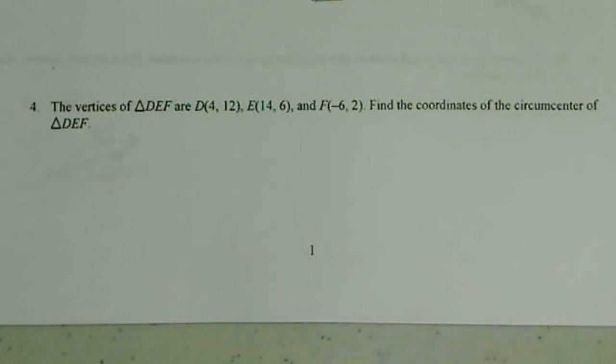Number 4, you need graph paper for it. So go ahead and plot D, E, and F onto your graph. I'm going to put my graph here so you can see it. And make sure that you leave enough room.